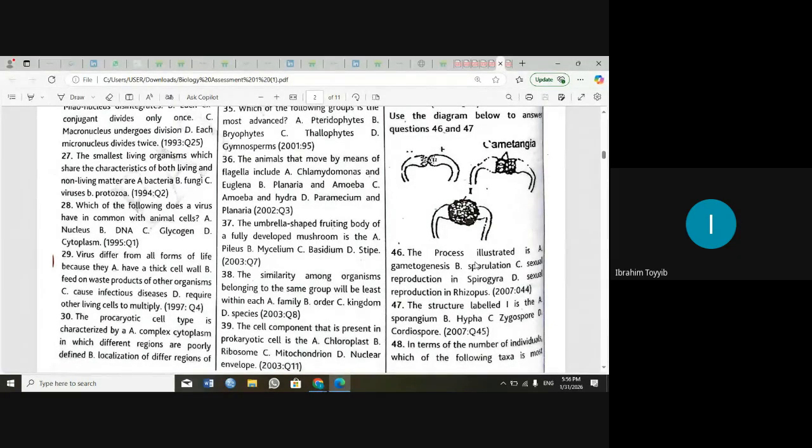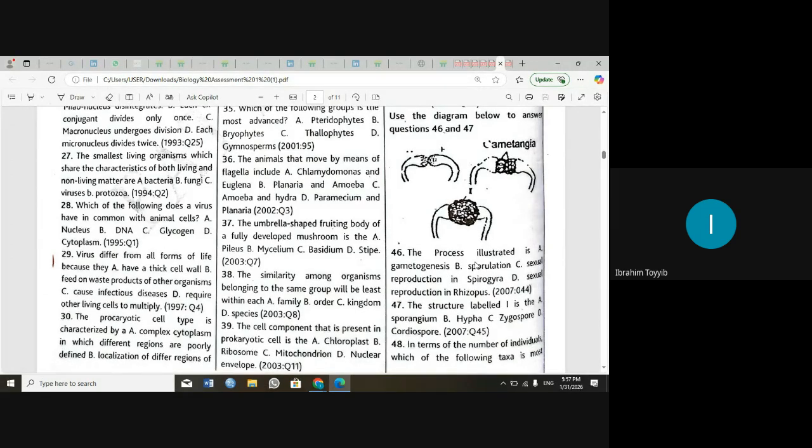So I told you that pteridophyte and bryophyte undergo what? Alternation of generation. That is, they can carry out sexual reproduction and asexual reproduction. The asexual reproduction will be the sporophyte phase, and the sexual reproduction will be the gametophyte stage.